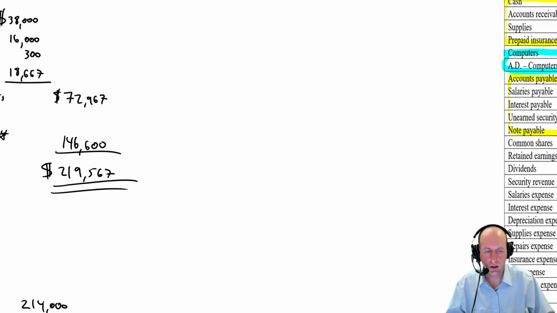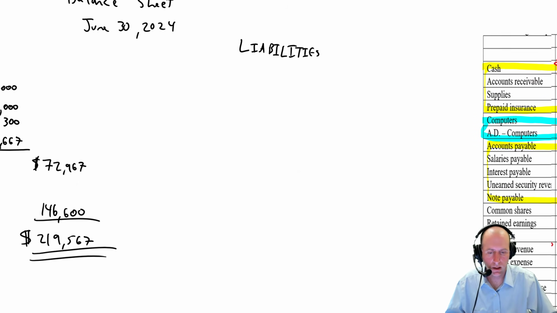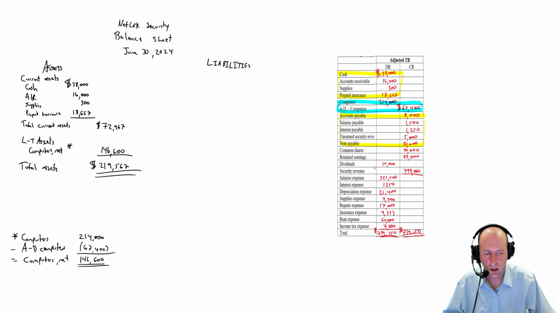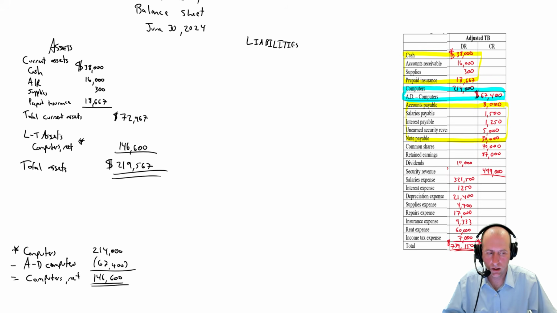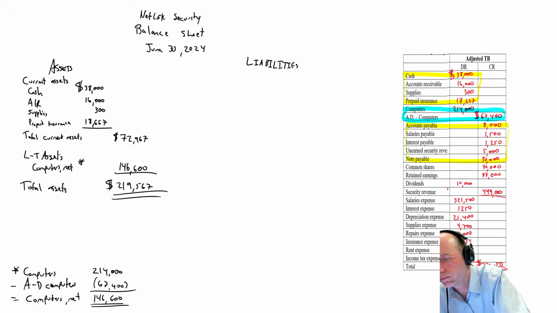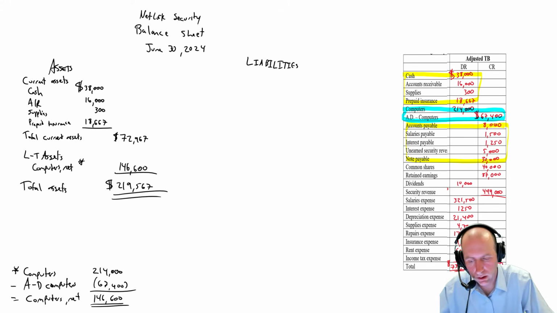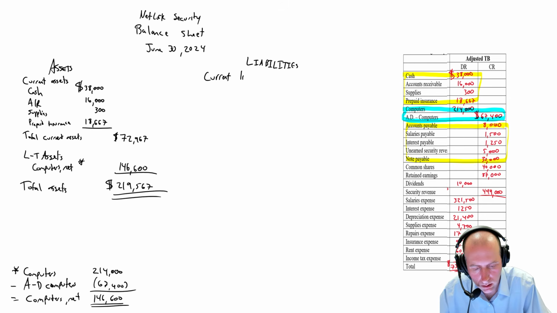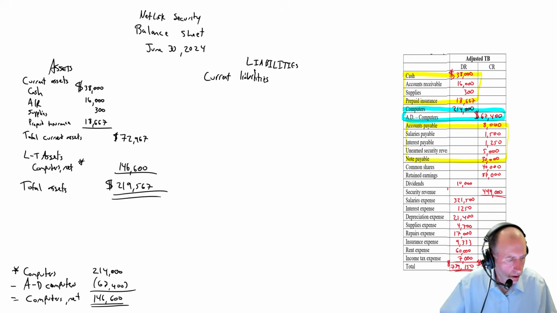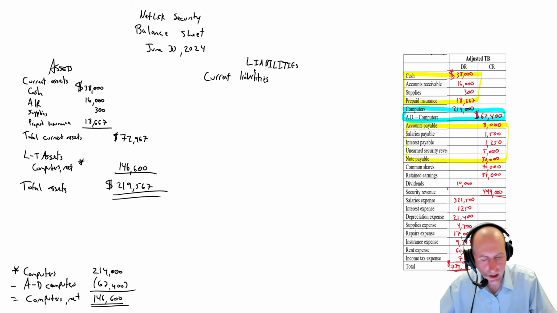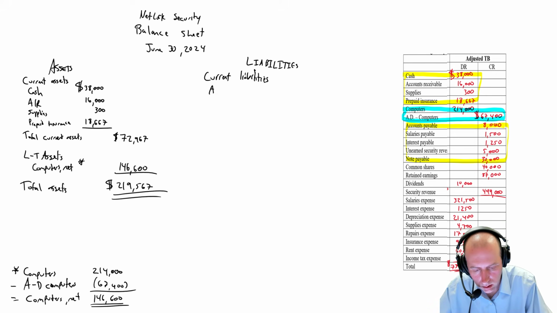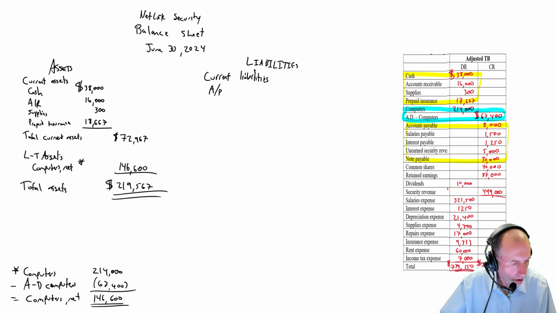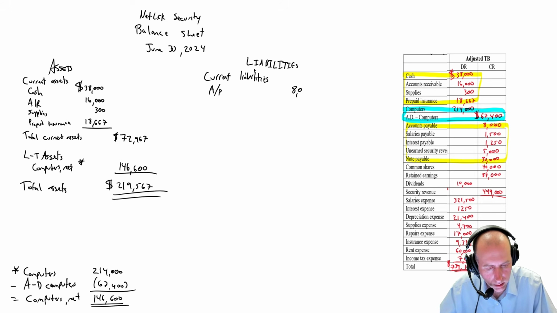So let's list out our current liabilities then, which again is all of them. I've somehow zoomed in a little tighter than I wanted to be. I think that's good. So under current liabilities, I've got accounts payable, $8,000.